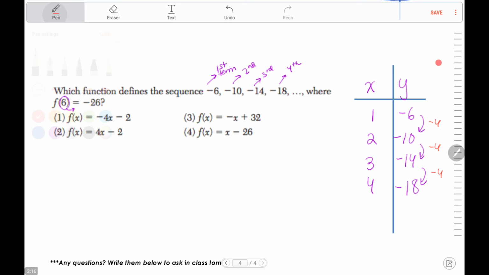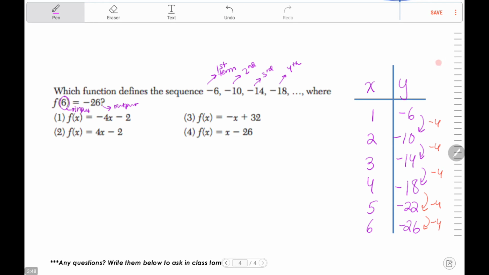And then if I keep continuing this down the table, 5 and 6... -4, -4, I end up getting what they told us, that when the input is 6, the output is -26. So -26 goes here. And then, let's see, -18 minus 4 is -22. I go down 4 more, and I have -26.